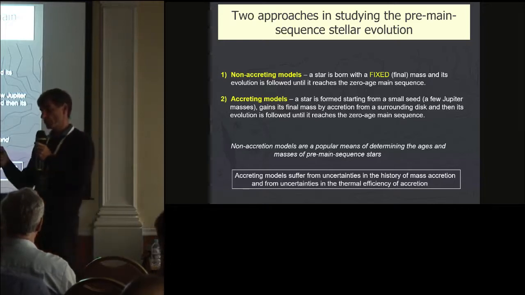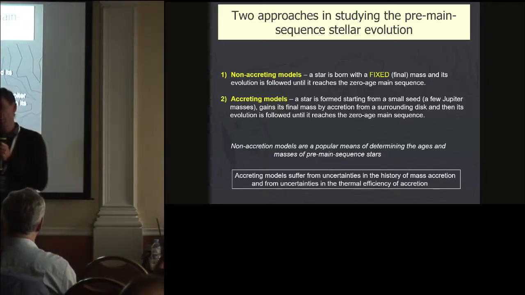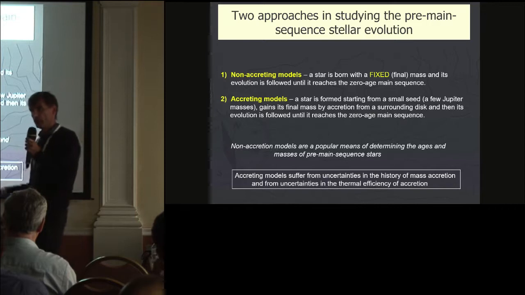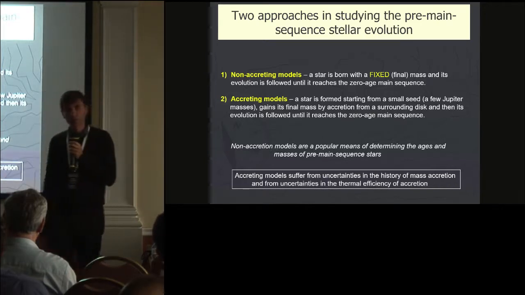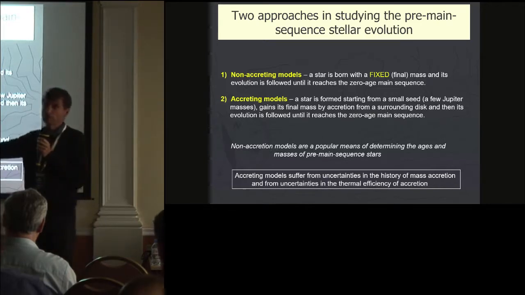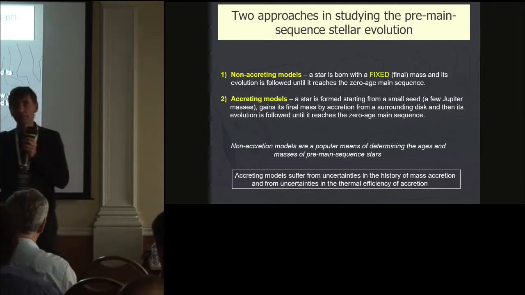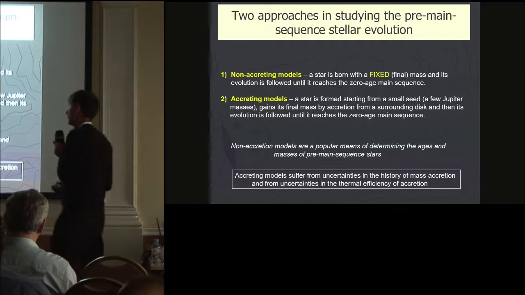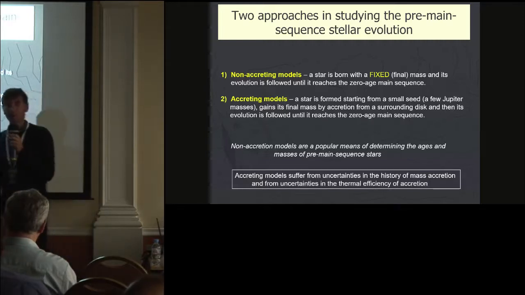What does it mean? You just make a star of a fixed mass, and it evolves. If you go to the databases of, for instance, Isabelle Baraffe, that's what you will see there. They just make a one solar mass star, see how it evolves, and then derive isomasses and isochrons. However, this is not how stars are born.